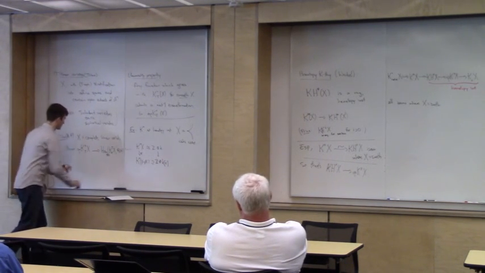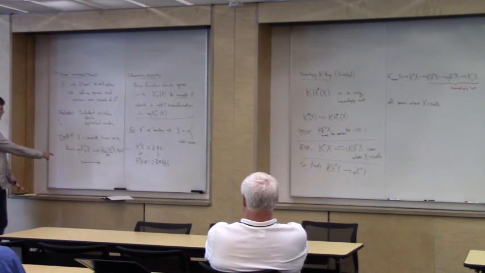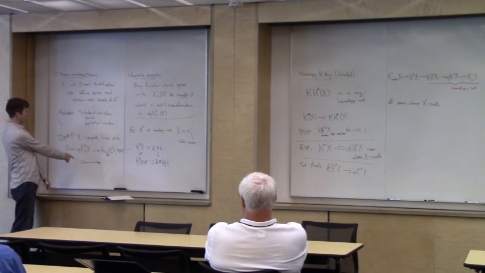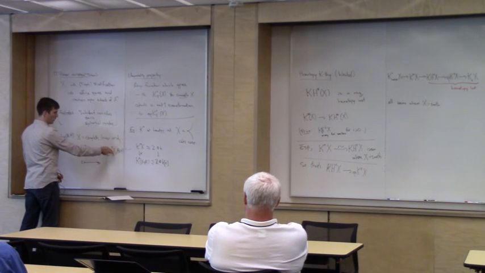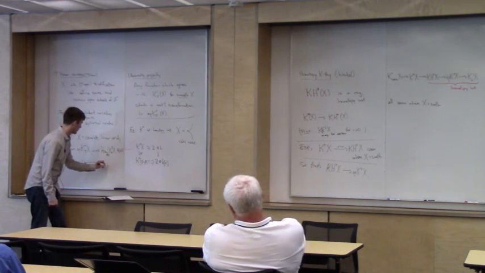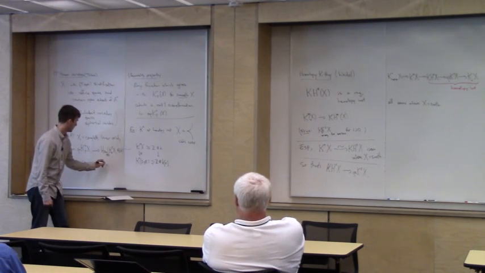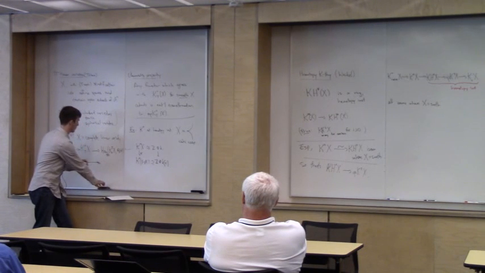And what is the map? The map takes an operator to, well, remember, an operator operates on K-theory for every map of a variety into X. In particular, just take X itself. So you can operate on this. Okay, so I need to tell you what this homomorphism does.